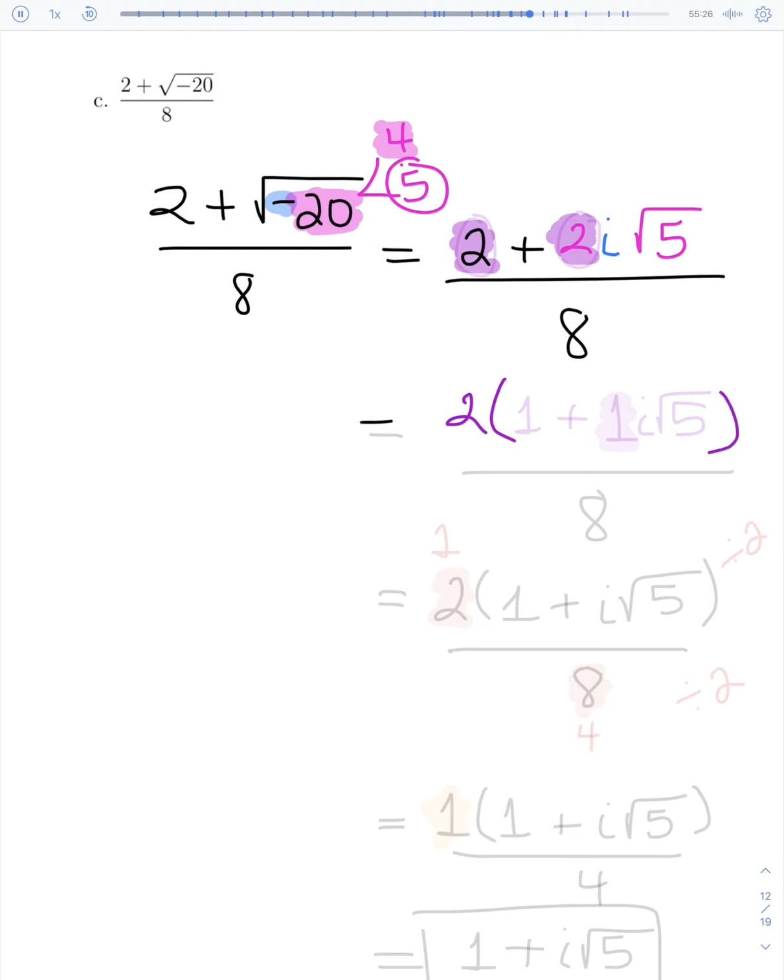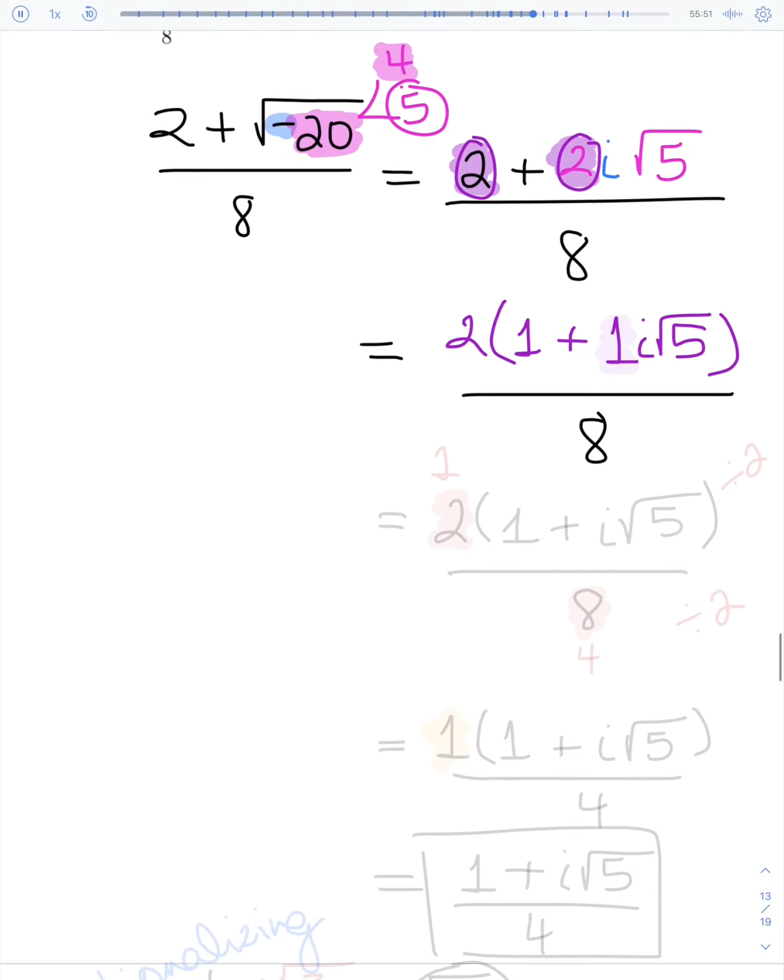So the question is, if I pull out a 2 from both factors on top, what will that leave me with? Well, be careful. Dividing the 2 into the 2 doesn't mean that it disappears. There's still a hidden 1 because 2 goes into 2 once. Plus, we also end up with a 1 when we divide 2 into 2 here, but we end up with 1i square roots of 5.